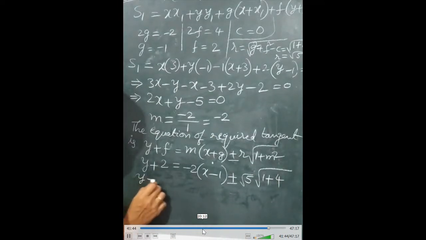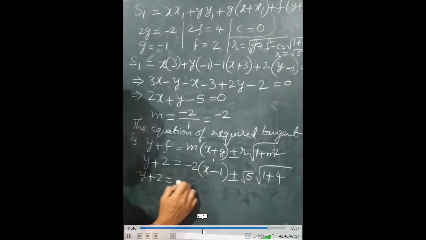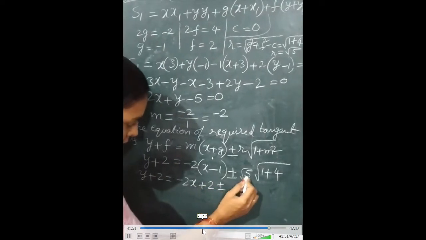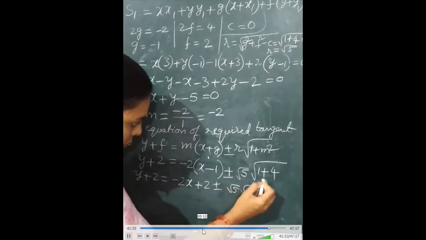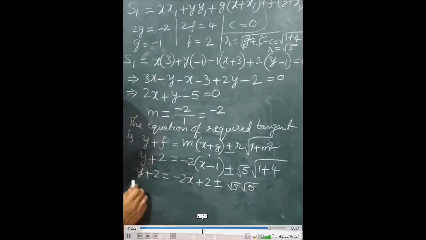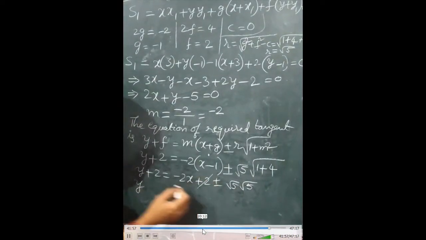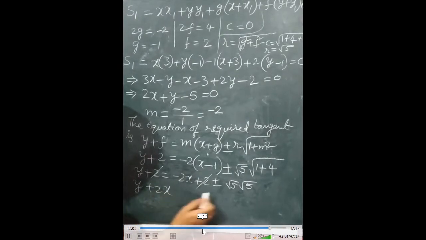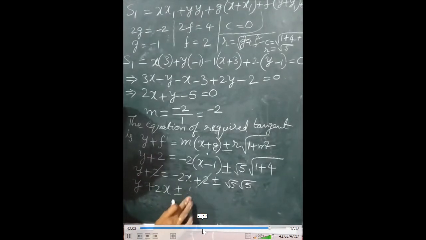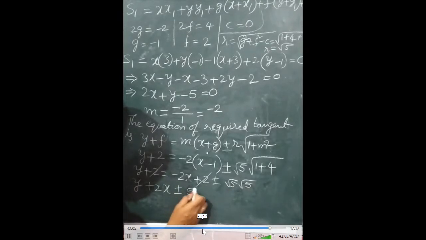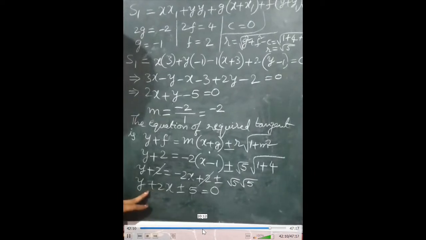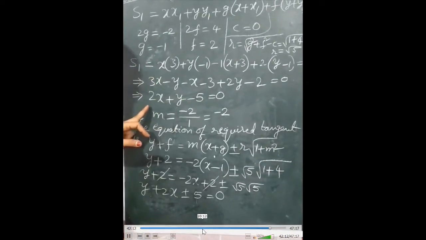So y plus 2 is equal to minus 2x plus 2 plus or minus root 5 into root 5. So here 2 cancel, y plus 2x plus or minus 5 is equal to 0. So here we observe, we already found the equation of tangent.